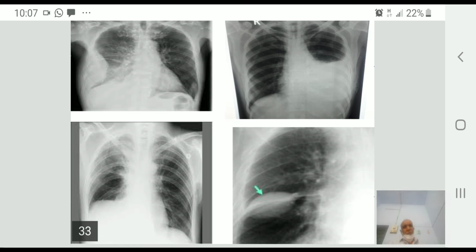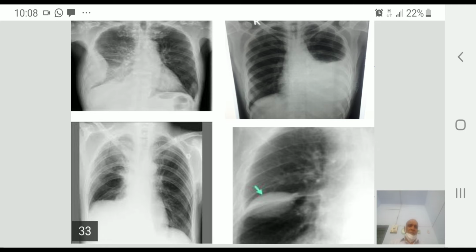Next to the fissure effusion, in this X-ray you will see the apparent elevation of the right diaphragm with preservation of the right CP angle.